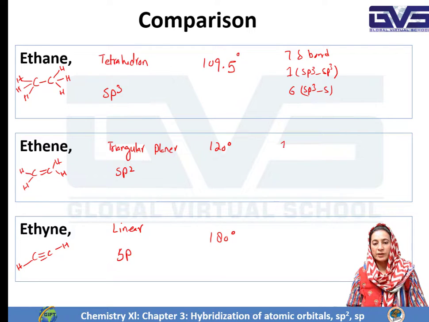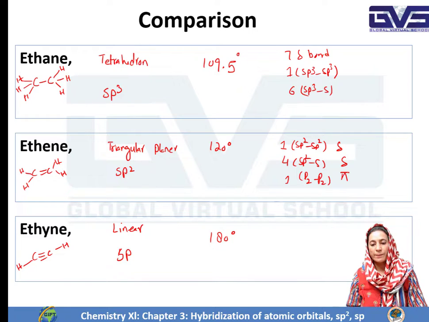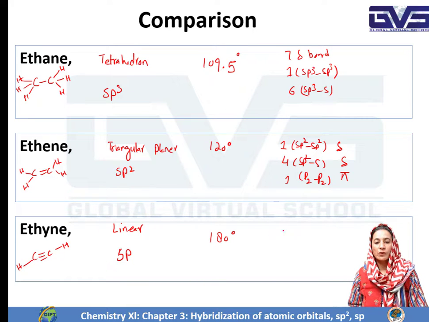One sigma bond is between sp2-sp2, and 4 are sp2-s sigma bonds, and one is a pi bond between pz and pz. While in ethyne there are 2 pi bonds and 3 sigma bonds.